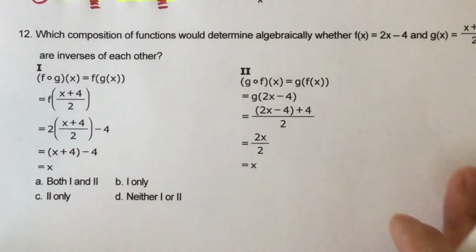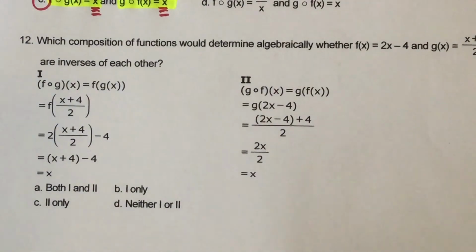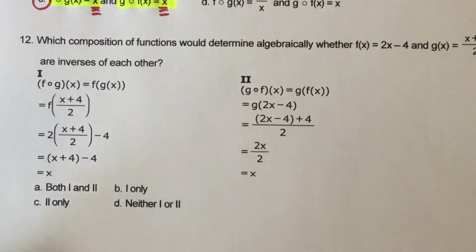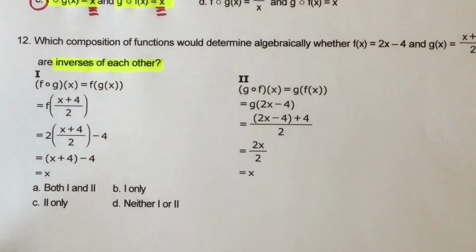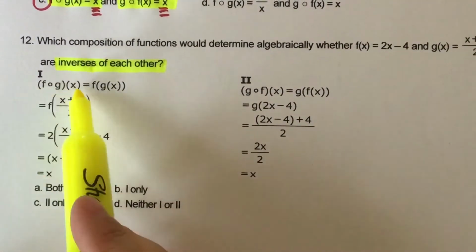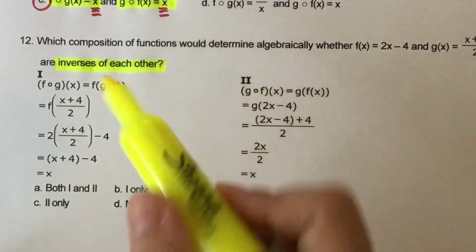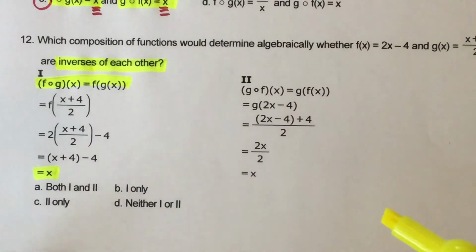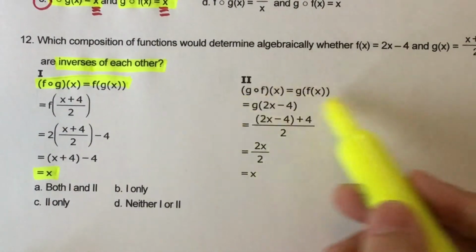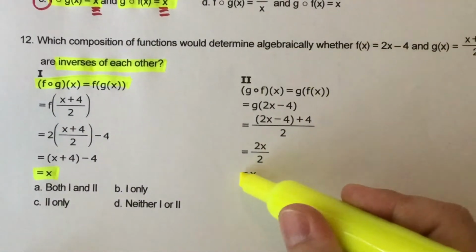Down here, it's wanting to know what would prove these guys to be inverses of each other again. Number one is calculating f of g of x. Do you see how your f of g of x made an x? This one's calculating g of f of x. And do you see how it made an x?